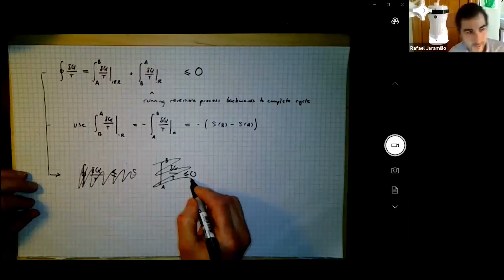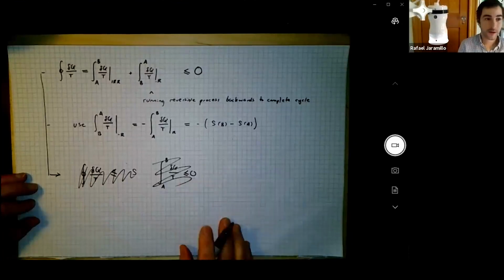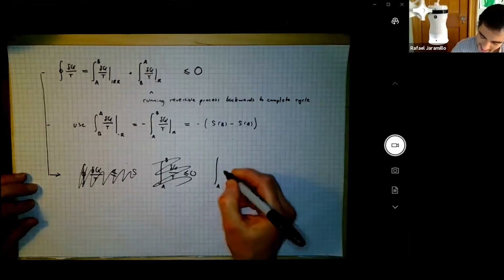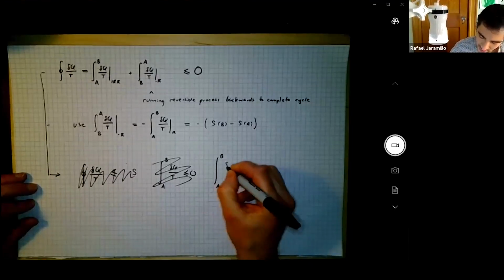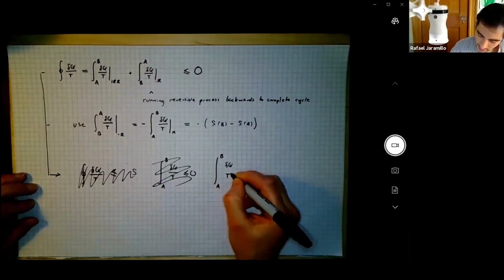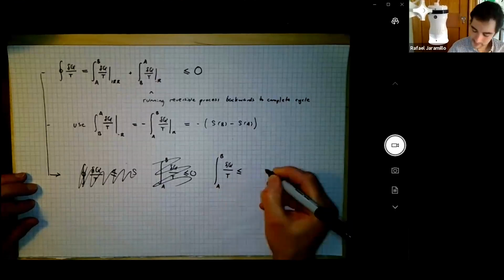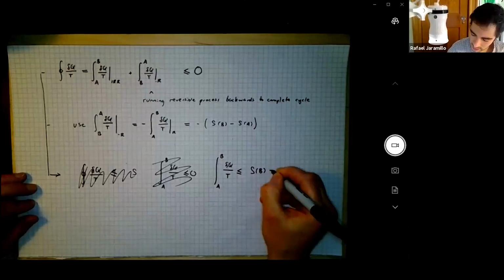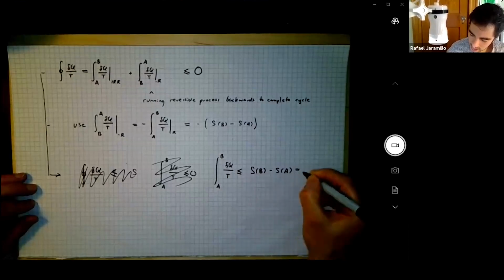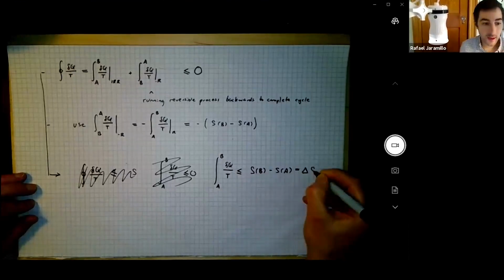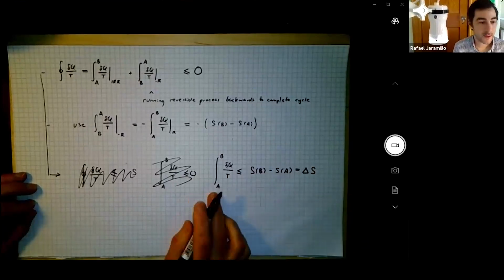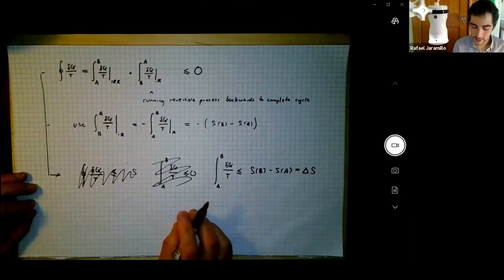Okay. Slow down, Raph. Third time's going to be the charm here. From A to B, dq over T is less than or equal to the difference, entropy of B minus entropy of A, which is delta entropy. This is combining the previous three slides, right? We're using Clausius' theorem.